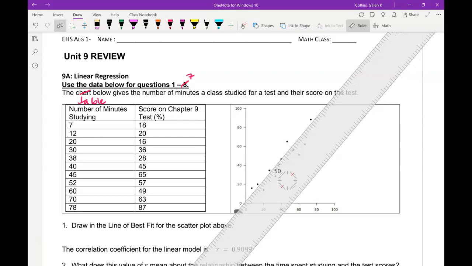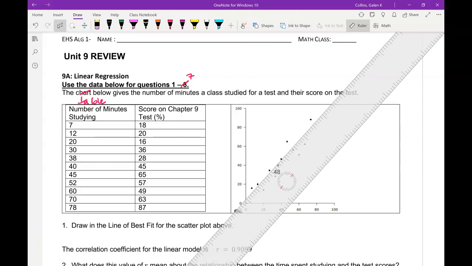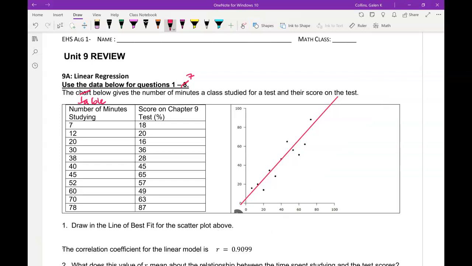Then from there, we're just going to ballpark it. So this looks like it may be a good line. Again, without using technology or doing it the very long way, we're just going to do our best guess at that line of fit.